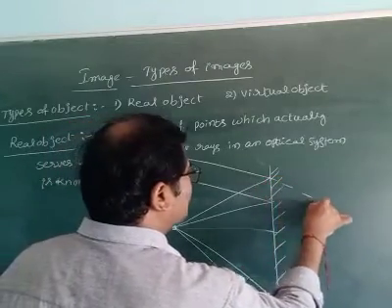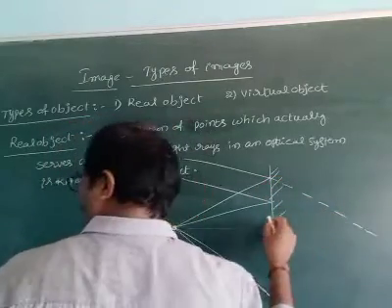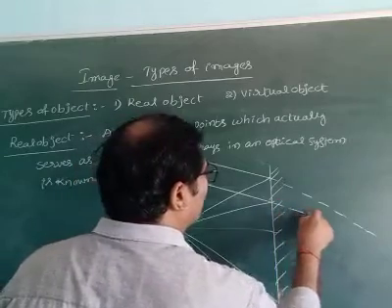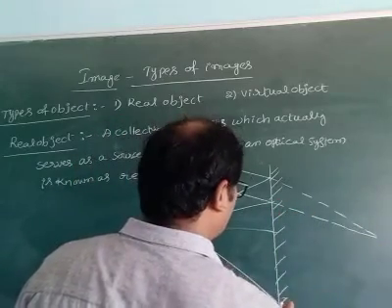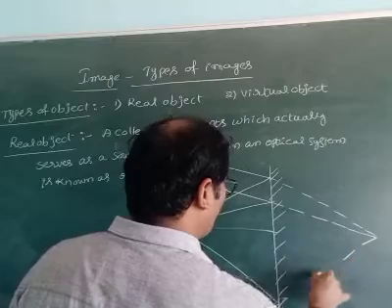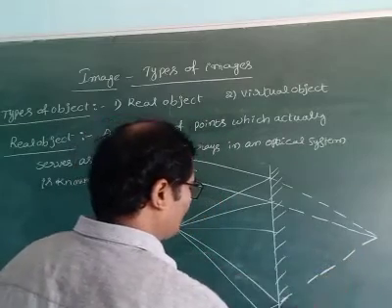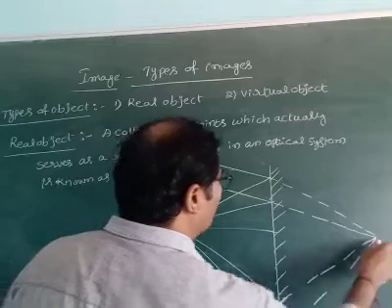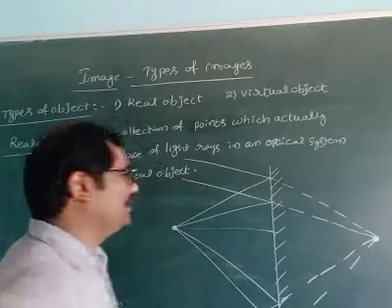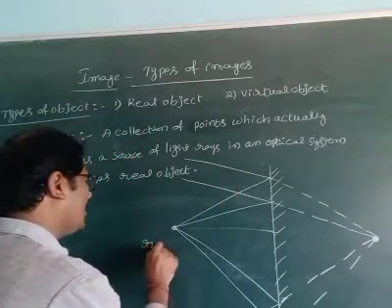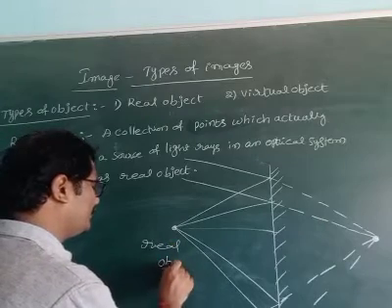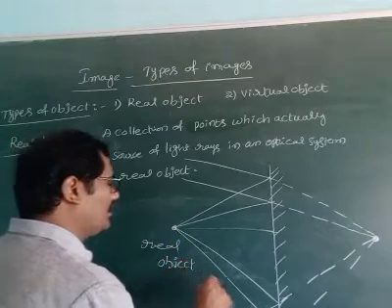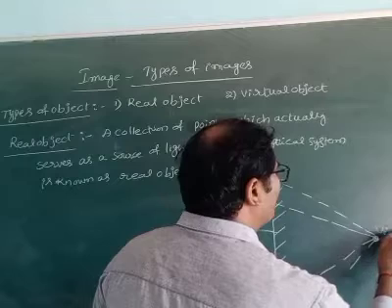These rays coincide at one point. That is the virtual object.